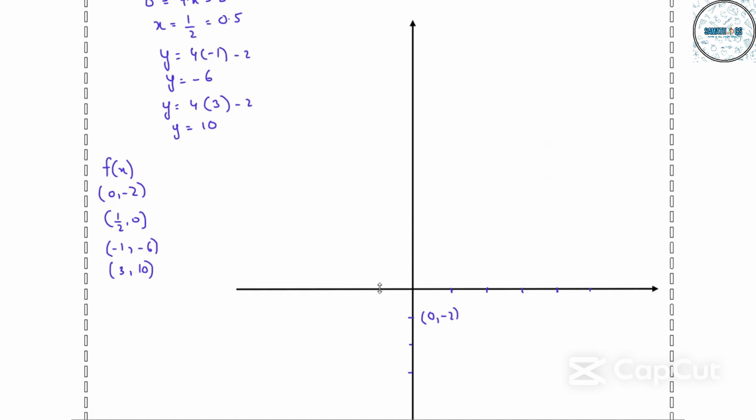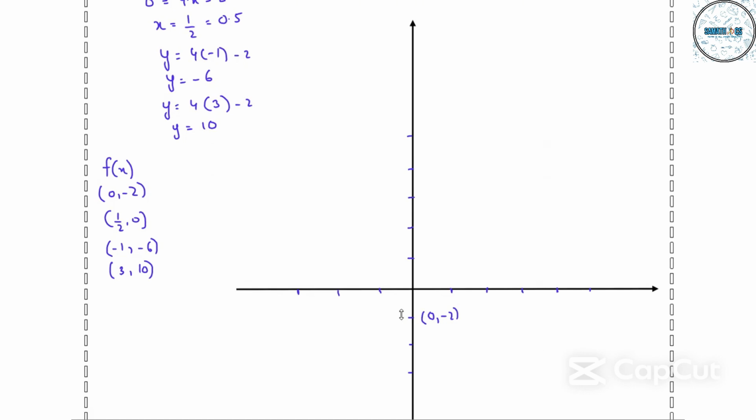And here we have -2, -4, -6, 2, 4, 6, 8, and 10. Remember, whenever you are drawing the graph of f of x and f inverse of x on the same axis, you have to take the same scale on both the axes.